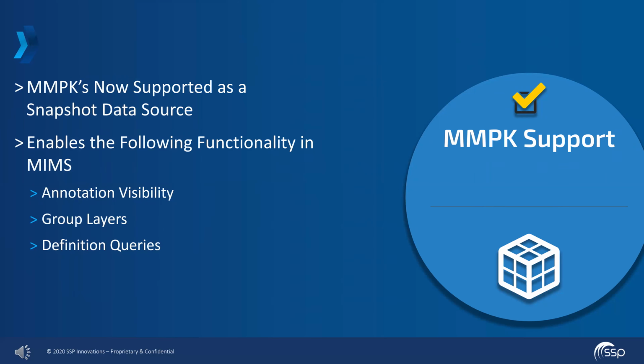MIMS Gateway now generates, maintains and synchronizes mobile map packages with MIMS field clients, and for our customers this delivers ArcMap annotation support without having to upgrade your existing annotation to ArcGIS Pro annotation. It provides group layer capabilities and also the ability to apply layer definition queries. Now Michael has a number of examples to show you the value in unlocking this functionality in runtime.